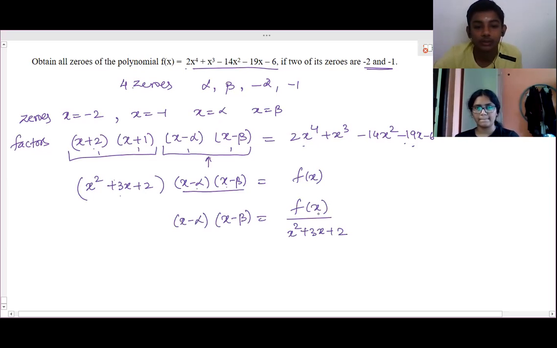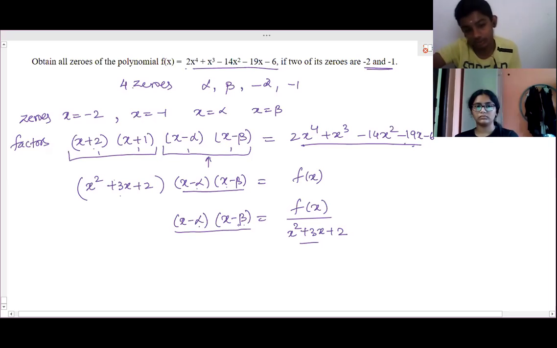Then we will get the quotient, which is also a factor of fx. That quotient will be a quadratic polynomial, and you have to factorize it. By factorizing, you will get the values of alpha and beta. Are you able to understand what has to be done?